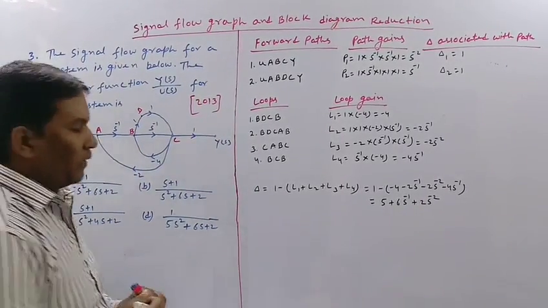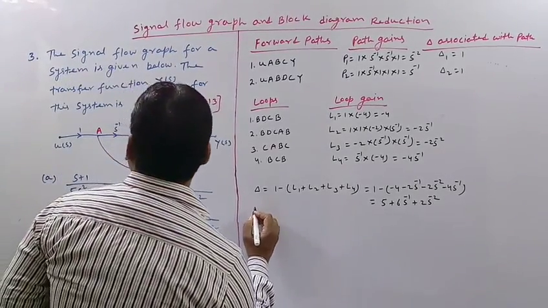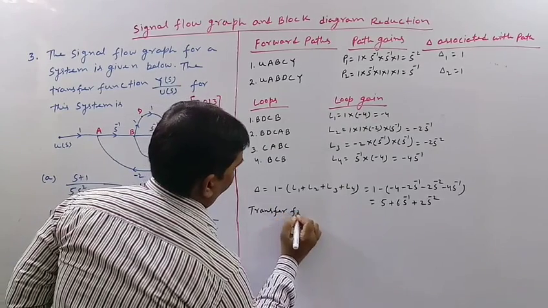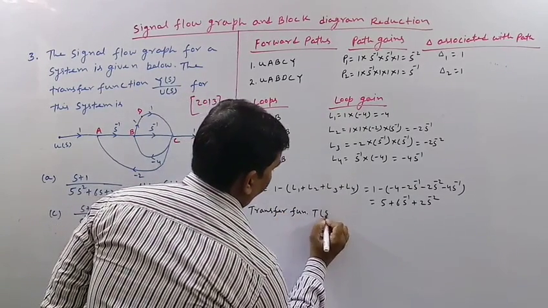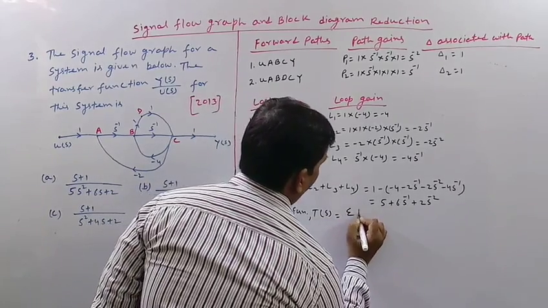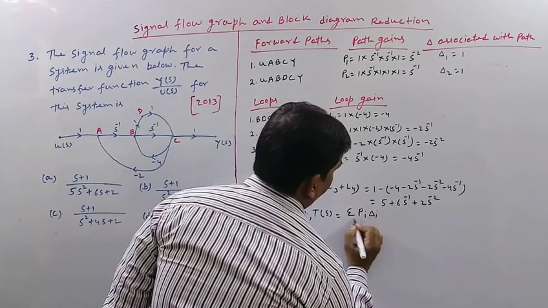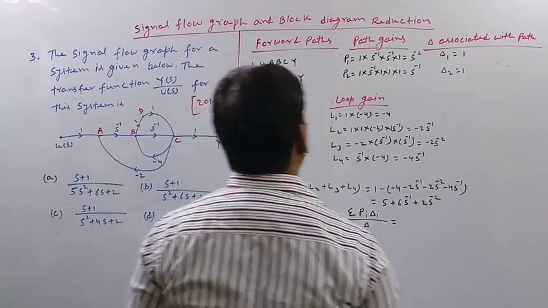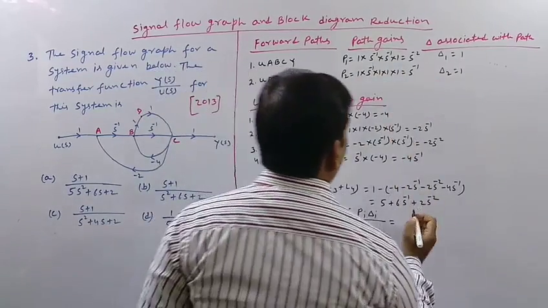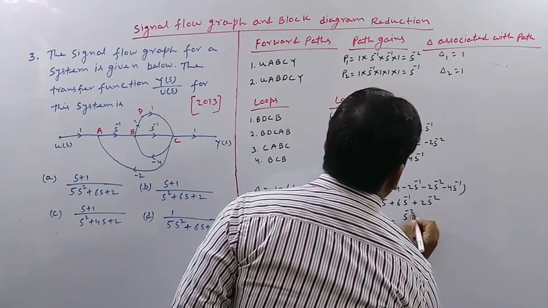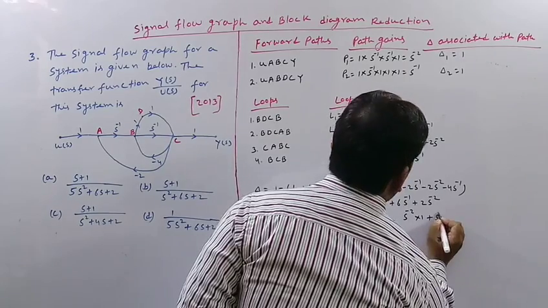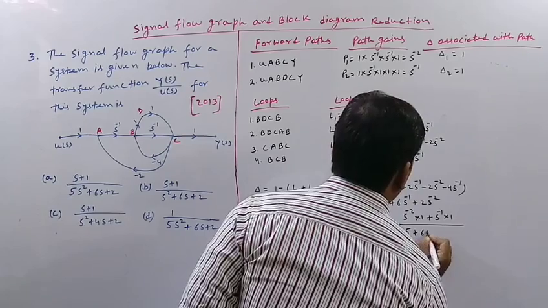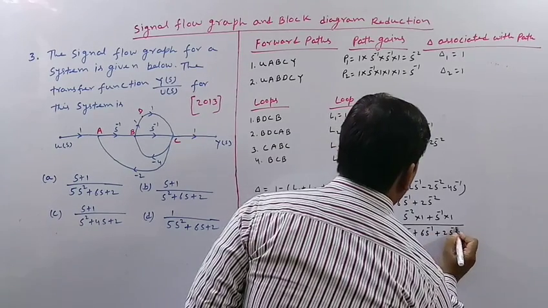for finding the transfer function. So the transfer function T(s) equals nothing but sigma P_i delta_i divided by delta. So it will be, what are the P? s to the power minus 2 multiplied by 1 plus s to the power minus 1, multiplied by 1 divided by 5 plus 6 s to the power minus 1 plus 2 s to the power minus 2.